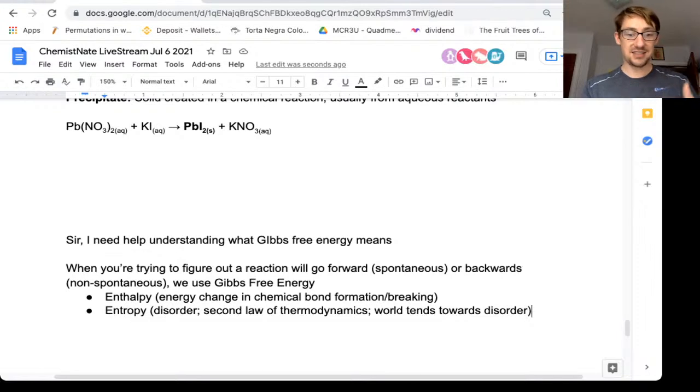So my answer is Gibbs free energy on its own doesn't have any explicit meaning. It's a way to combine enthalpy and entropy to help you predict whether or not a reaction will go forward or backward. Let me know if that answer was satisfying for you. It may not have been.